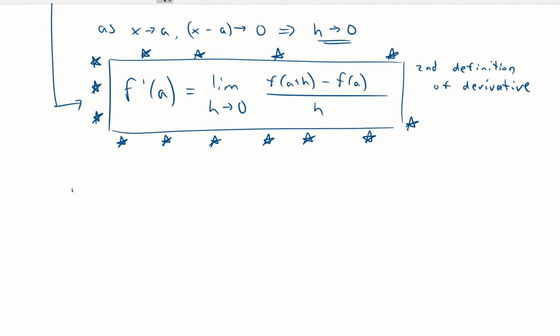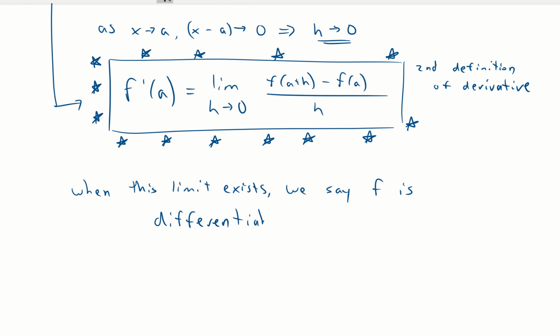But when this limit exists, we say that the function is differentiable at that point a. Okay, so there is our second definition of the derivative.